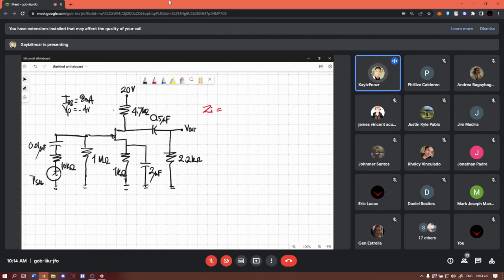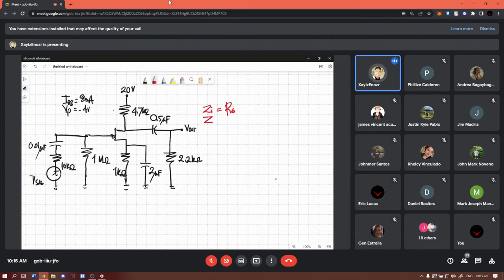So we have here a common source FET amplifier, and its biasing is self-bias. Zin, the input impedance... RG, okay.